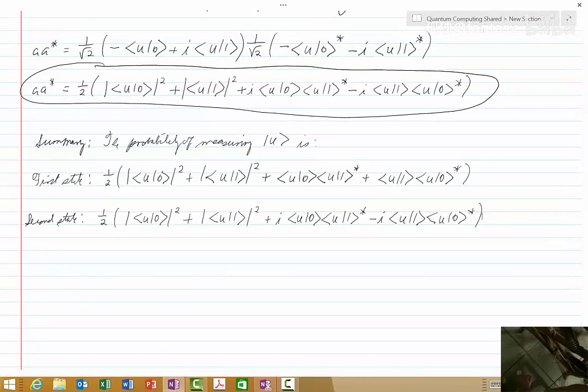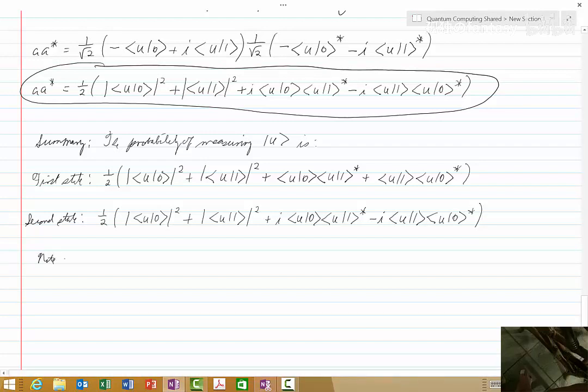Now, first of all, remember that both of these expressions arose as a result of multiplying A times its complex conjugate. And of course, A had a different value for the first state from what it had for the second state, and so that's why we get these two different expressions here, this one and this. But in each case, we took the A that was appropriate for that state and multiplied it by its complex conjugate.